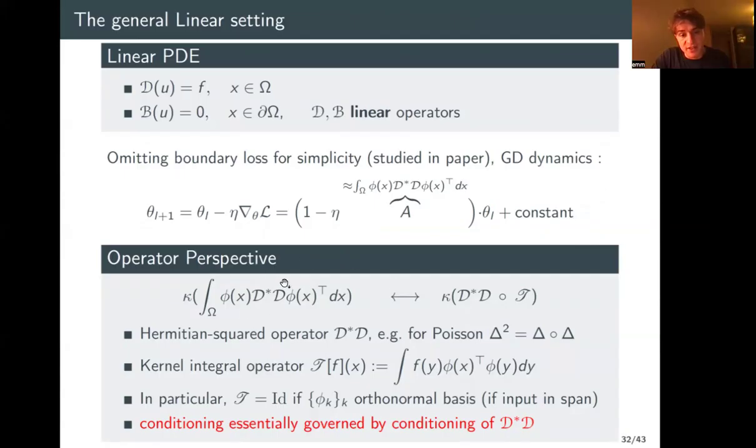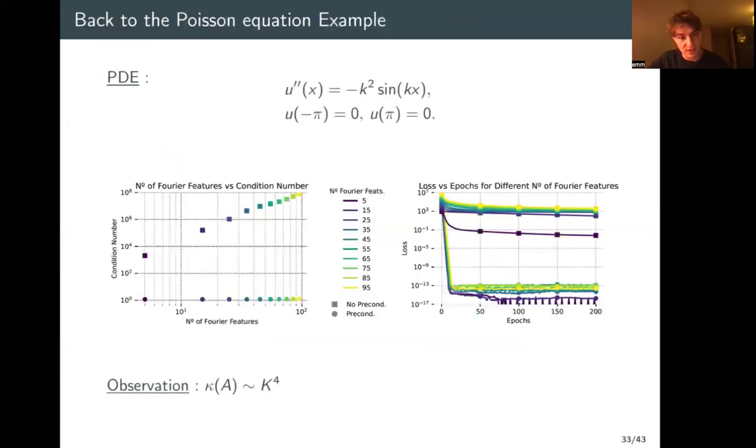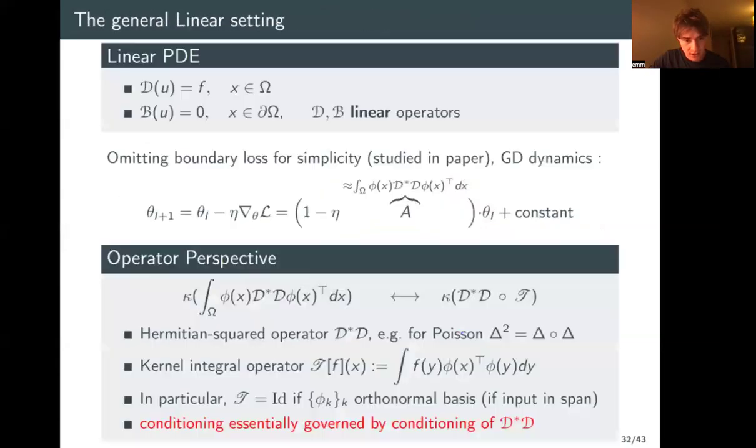But based on this insight that you have this D star D that you consider, we had to prove this for every specific context. But here it's quite simple because we're making use of the fact that the basis is orthonormal. So we don't have to consider this T. And then ultimately it just corresponds to the spectrum of this Hermitian squared operator.